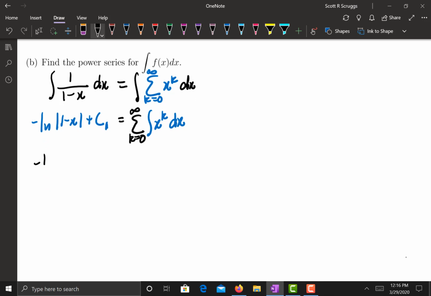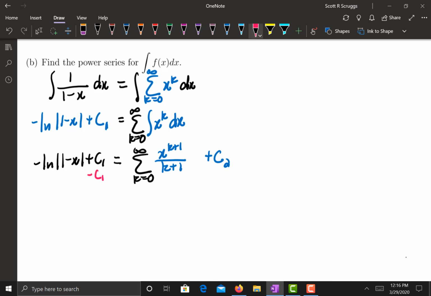Alright, so now I have negative natural log of 1 minus x plus c1 equals the sum, k goes from 0, of, now I get to use our theorem, the antiderivative rule with the power rule, and that constant c2 is on the outside.